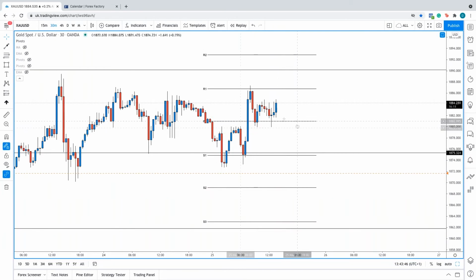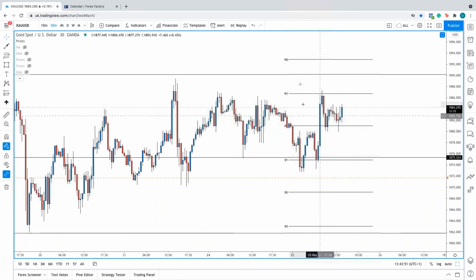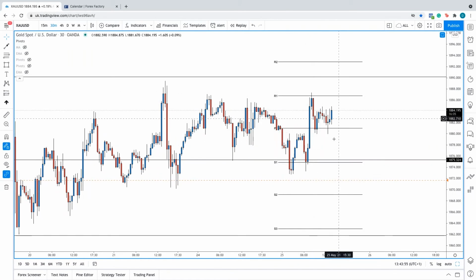Of course, you've also got variations between providers as well that may result in slight discrepancies between the pivot points, but for the most part, they are consistent.